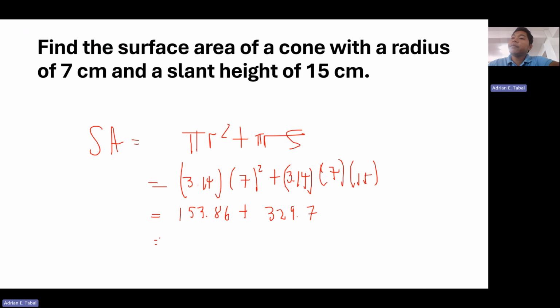So add everything. 153.86 plus 329.7 is equivalent to 483.56. The unit is cm squared.